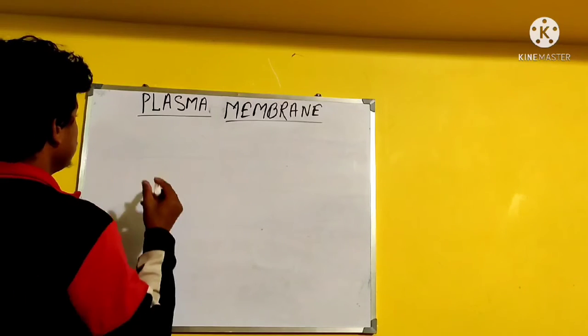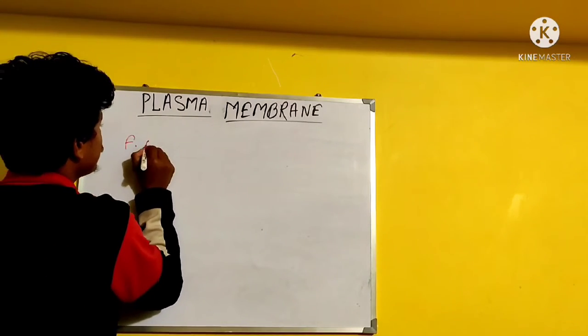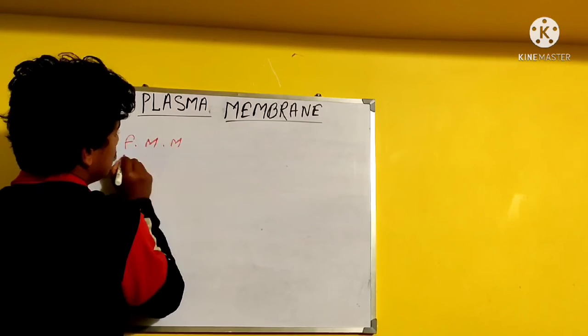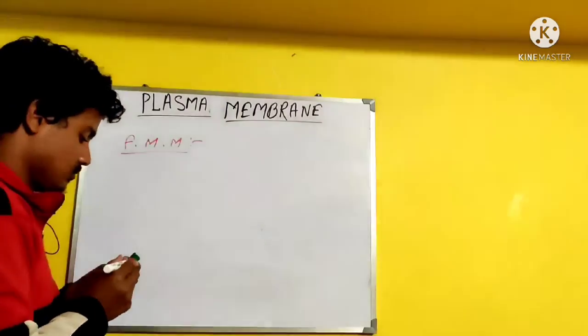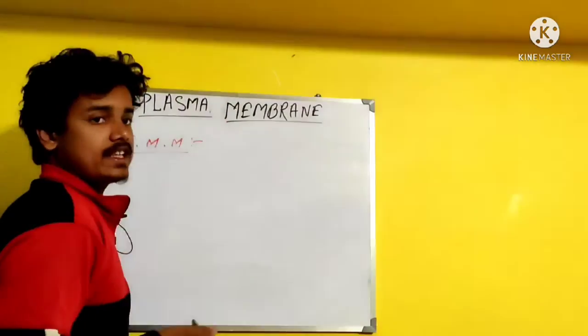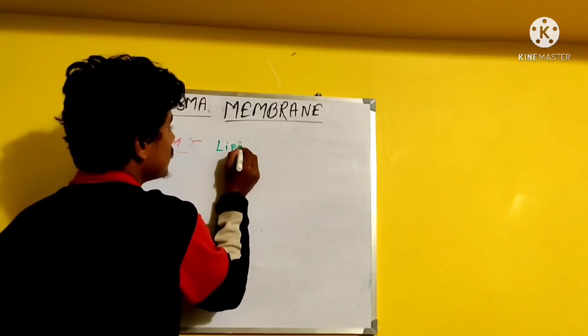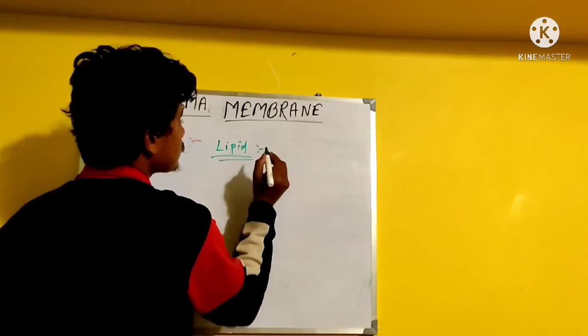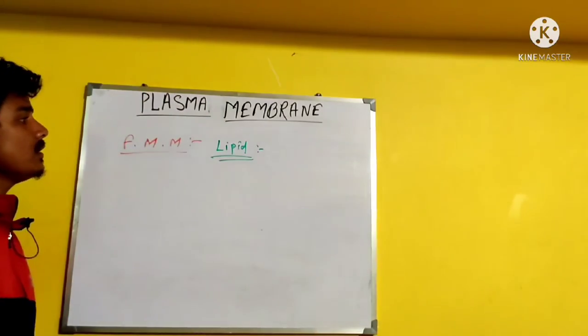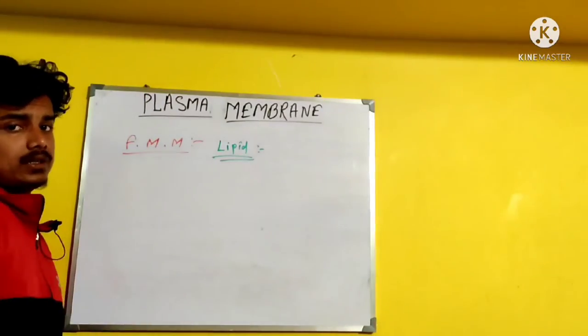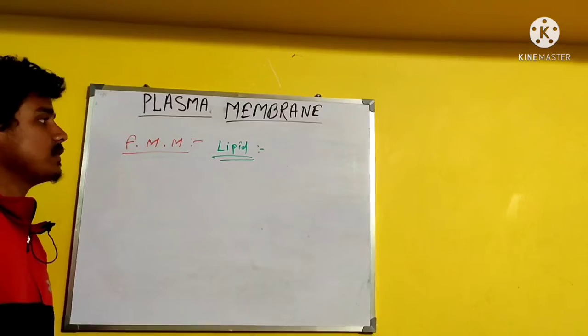Fluid mosaic model. At first we saw lipid. Mainly three types of lipid are present in plasma membrane.